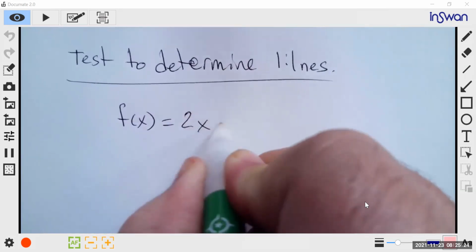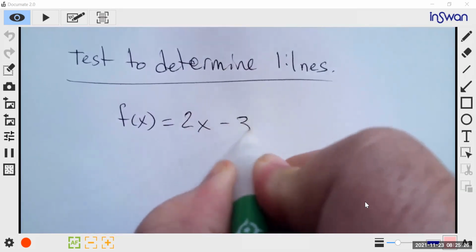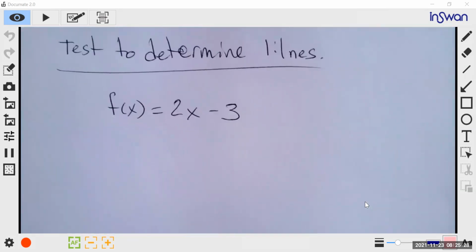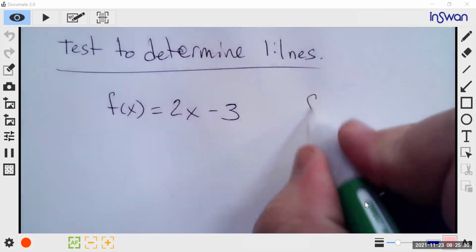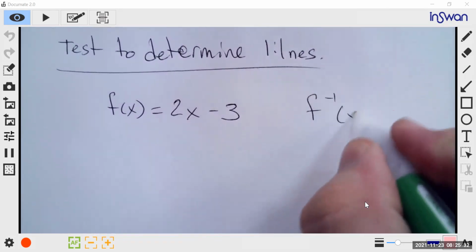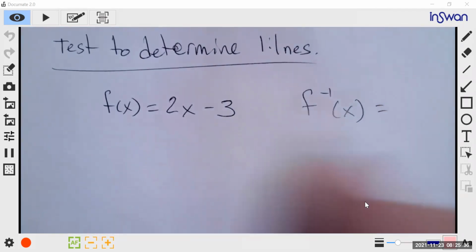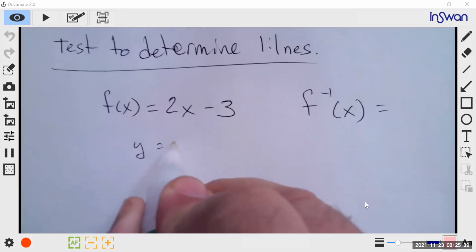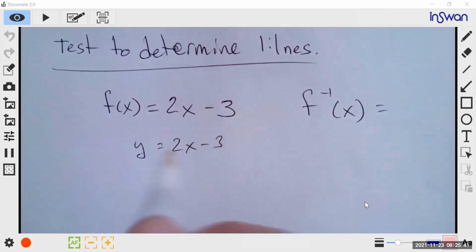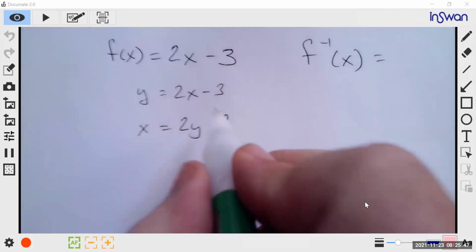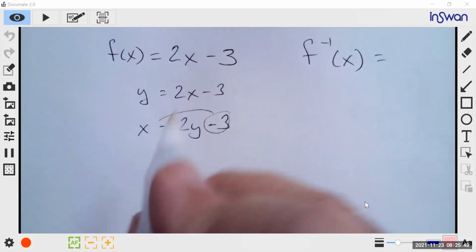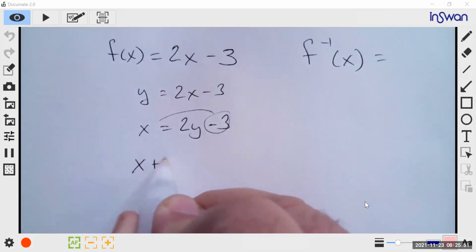If I give you a function and we find the inverse of that function. So let's see. 2x minus 3, switch x and y. Solve for y, we got x plus 3.